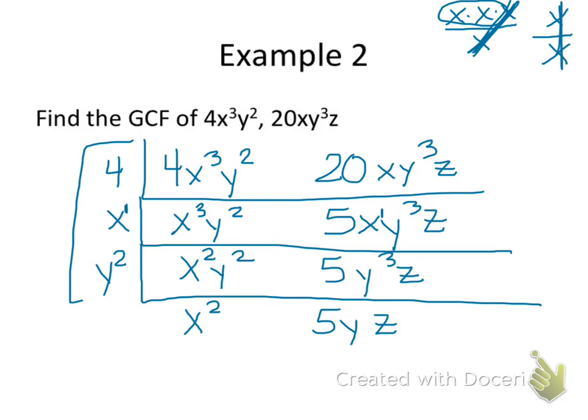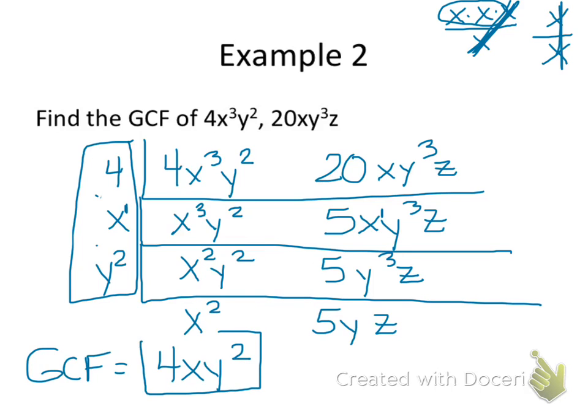And again, once we are left with variables, our GCF is 4xy squared. This is a factor of both of our original monomials.